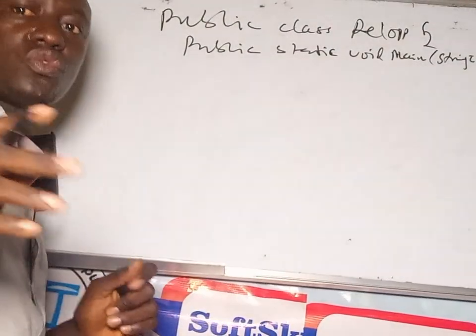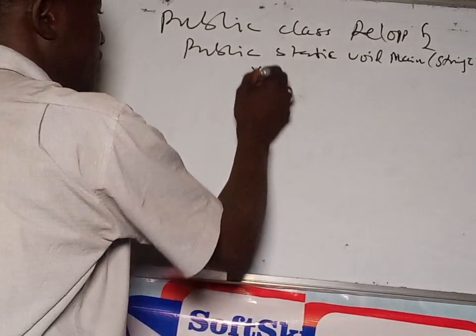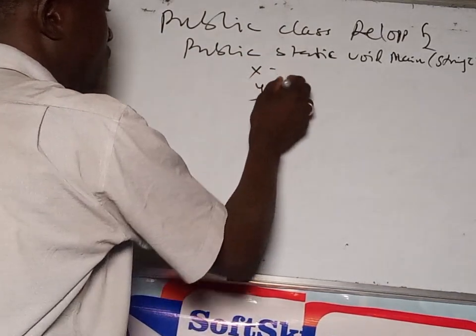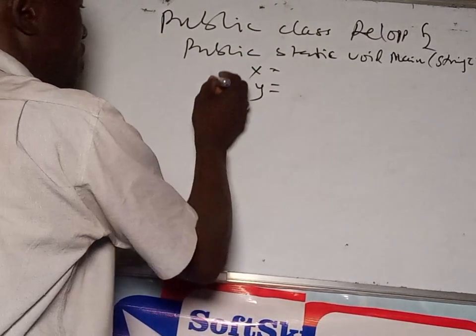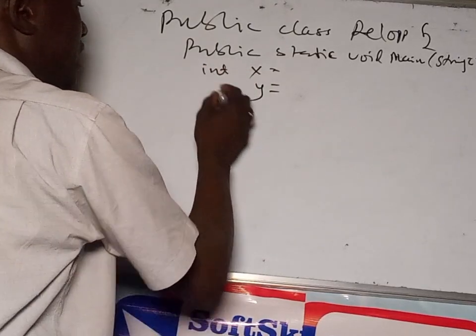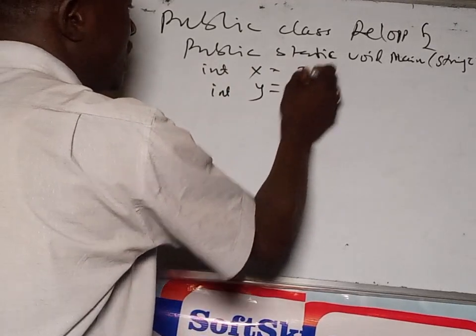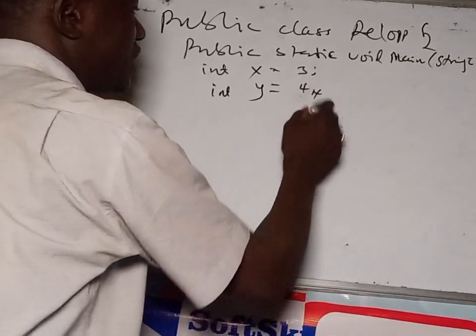Here we are going to have two given variables, x and y, and each of these we are going to initialize using the integer data type. We are going to assign 3 here and 4 here.